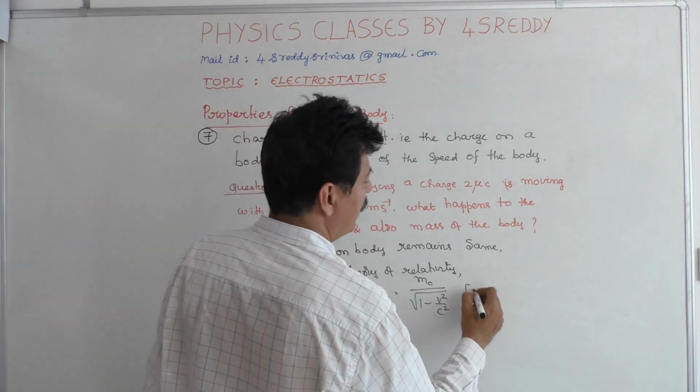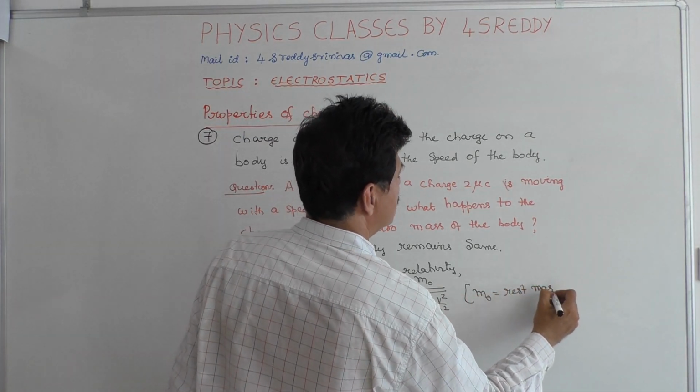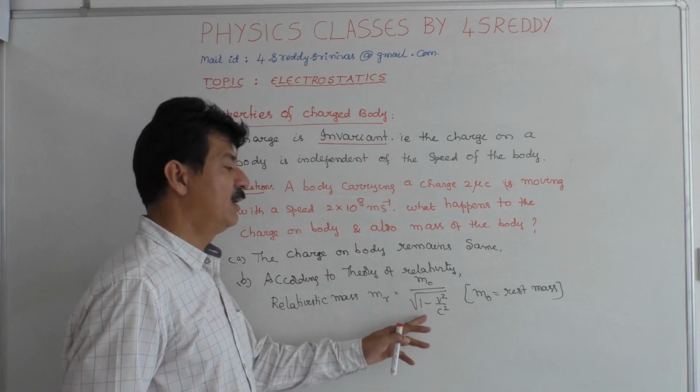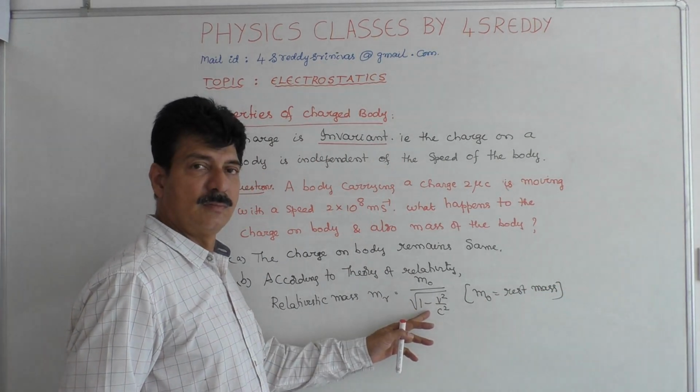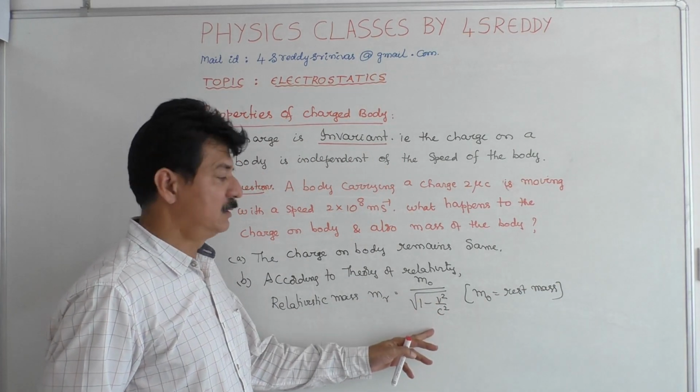Here m naught is the rest mass, c is the velocity of light. If v is close to c, then what happens? The value will be increased.